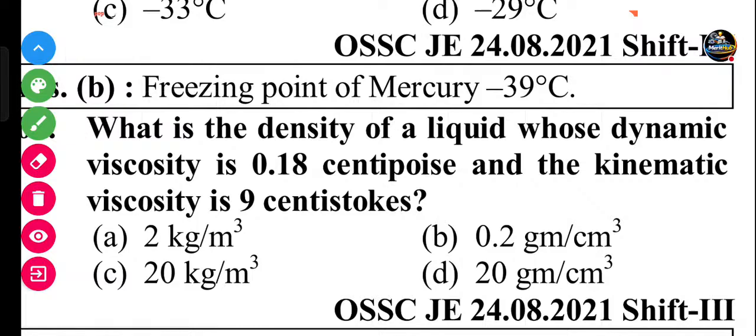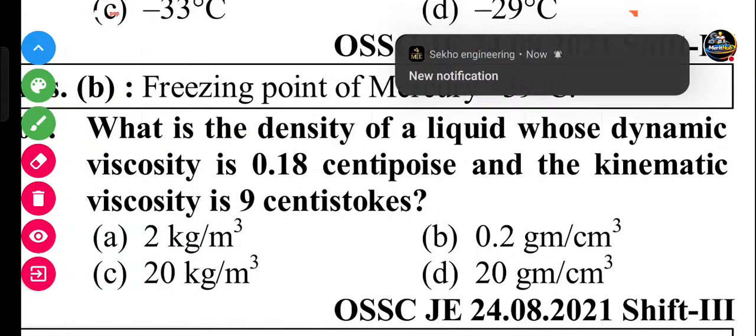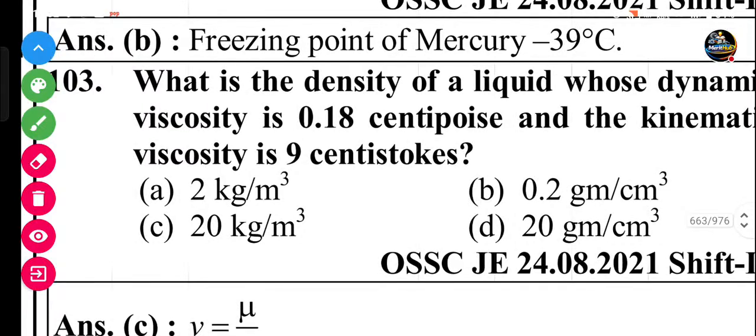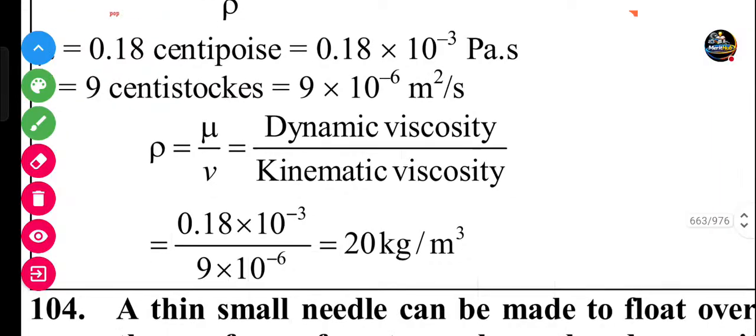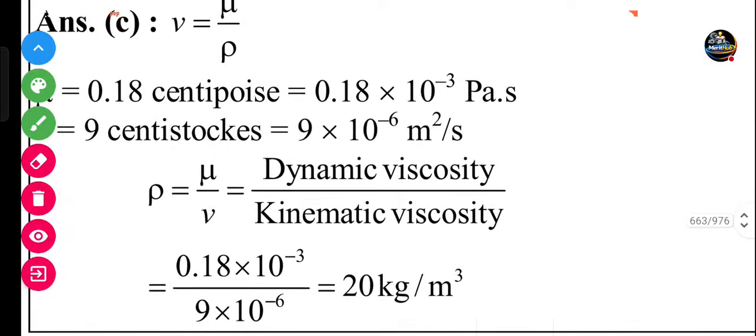First you convert stokes to stoke and centistoke to meter square per second, and convert poise to Pascal second, then solve it. There is a small trick, so I will show you the explanation in the video like this.